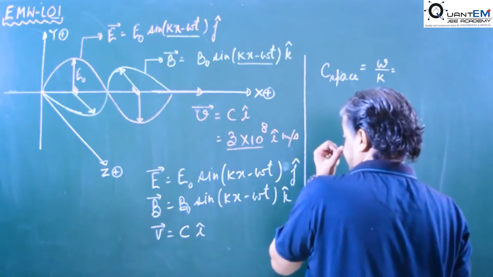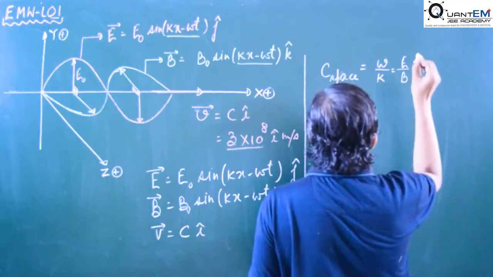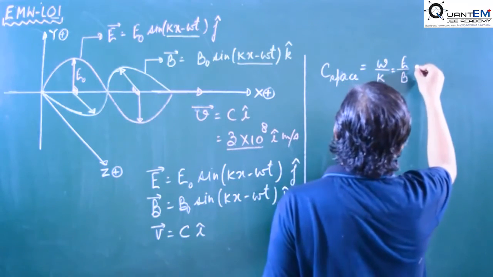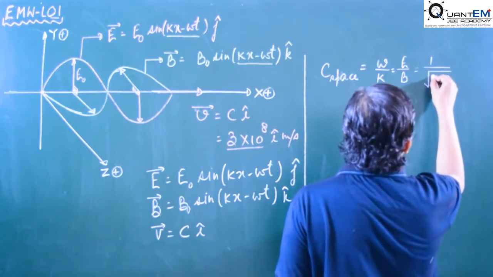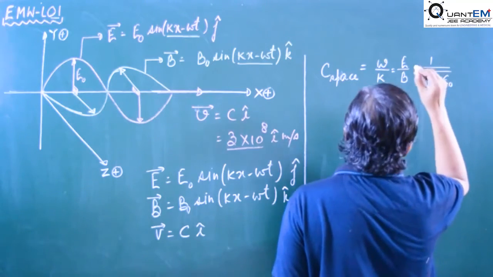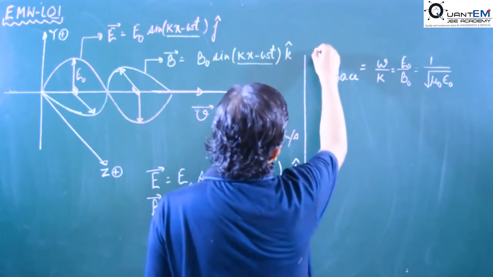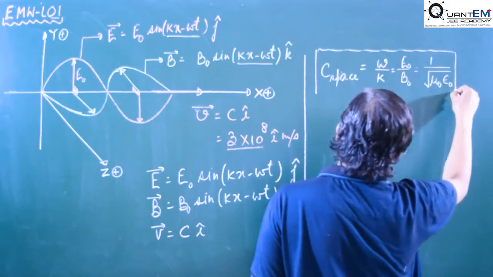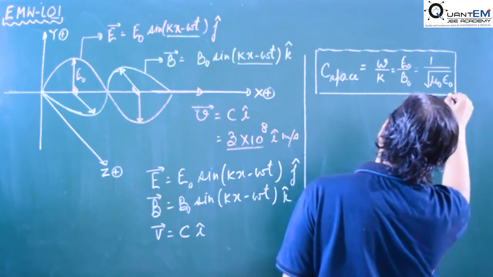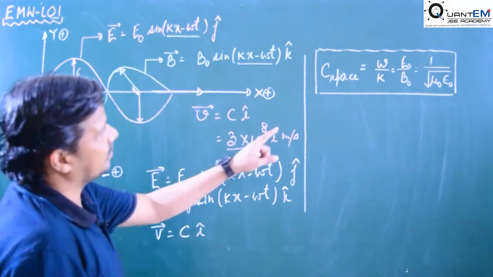Okay, that is also E by B, and it is also 1 by under root mu naught epsilon naught. It is E naught by B naught. इसका भी डेरिवेशन भी हम करेंगे. ओके, कोएफिशिएंट ऑफ t by कोएफिशिएंट ऑफ x, that is omega by k.